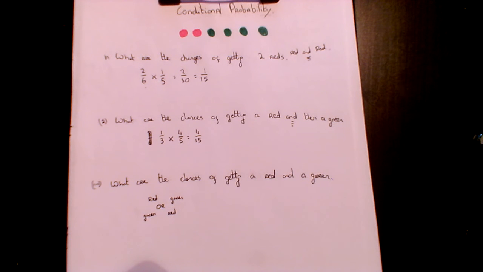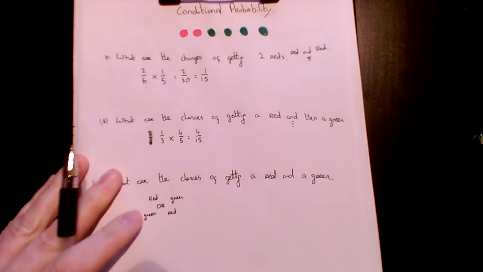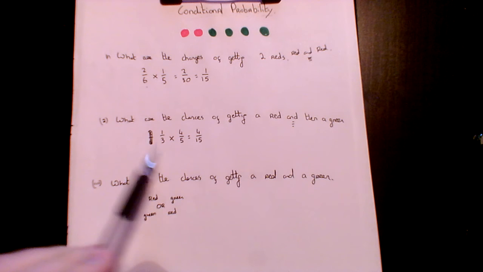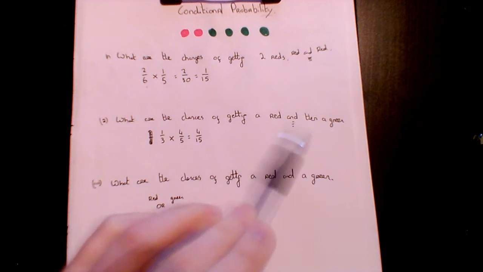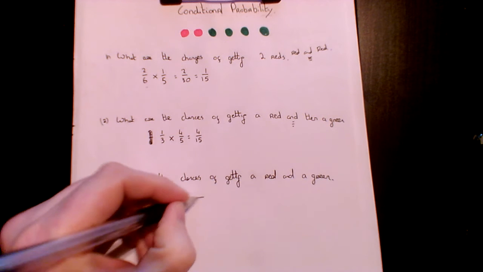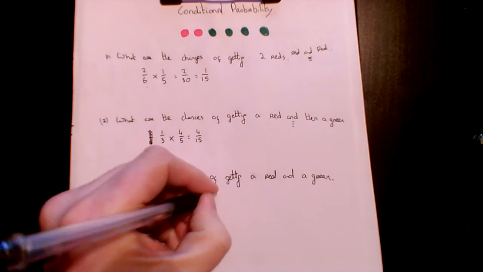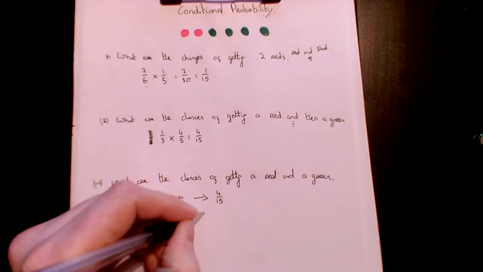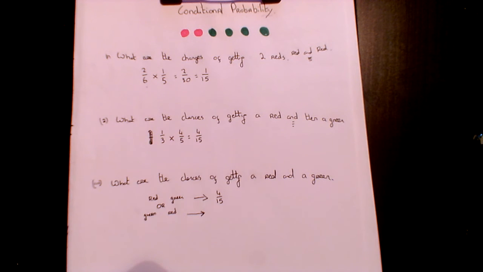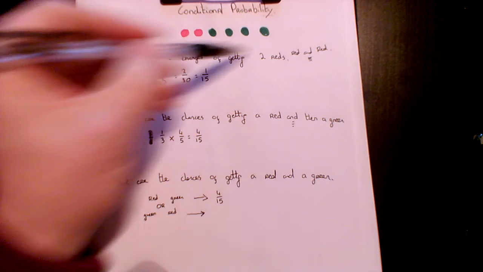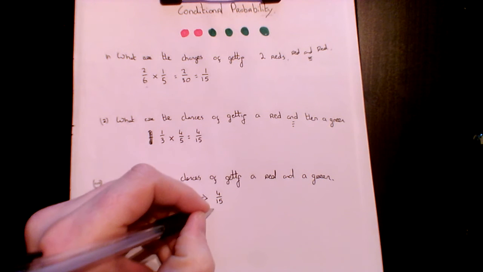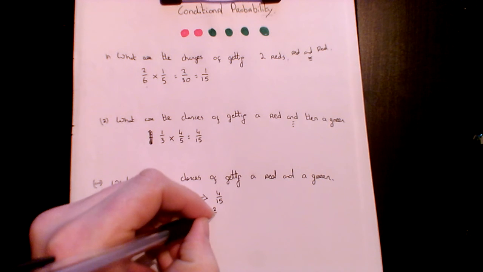So we could get this or this. Right. Well, first of all, I'm going to find the chances of getting a red and a green. I've actually done it up here, the red and the green. So the red and the green is 4 out of 15. Now we'll get the chances of getting a green and a red. Well, a green, first of all, is 4 out of 6, or 2 out of 3.